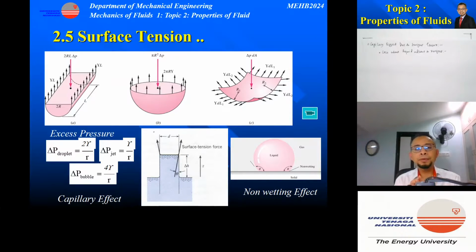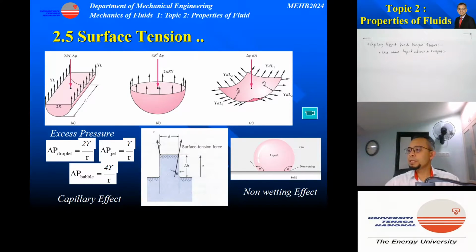Surface tension gives rise to an effect which is called the capillary effect, which is shown in this diagram here. Basically, if we have a tube immersed in a liquid, part of the liquid will try to rise within the tube to a certain height, delta H as given here.